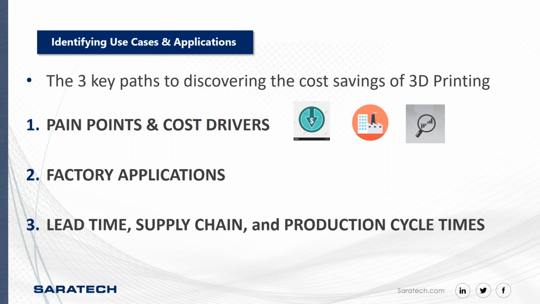Then there's a variety of factory applications. This one I'm going to bookmark because we're going to go into that in a little more detail later. And then lead time, supply chain, and production cycle time. This is really a critical one, especially in larger companies or organizations where they're building complex products. We have some aerospace companies that run into this, where they may have 200, 300, 400 steps in a process to build an aircraft.